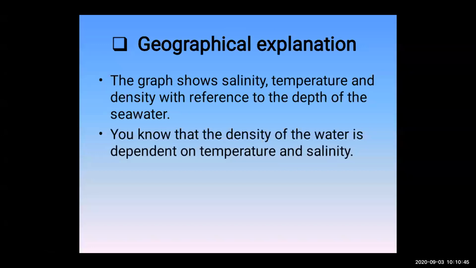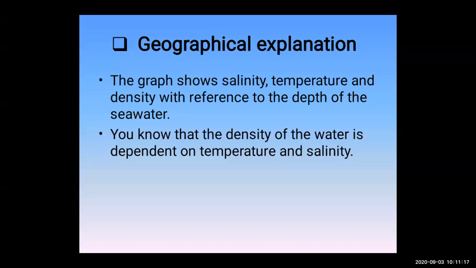In the first session, I showed you the picture of a deep sea. Through that deep sea, we are going to see the graph of all three major properties. You know that the density of water is dependent on temperature and salinity, as we have just studied.